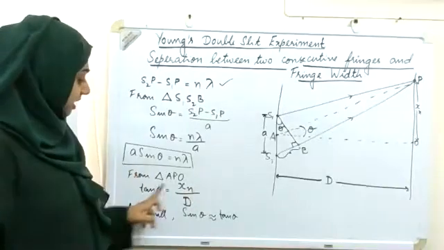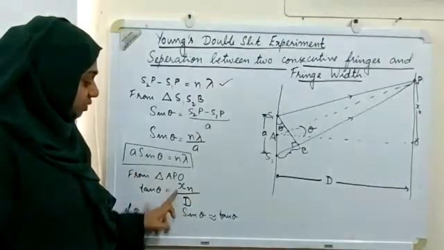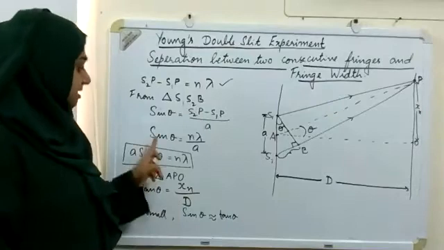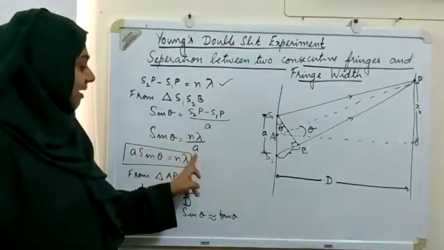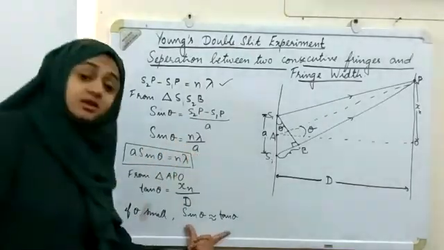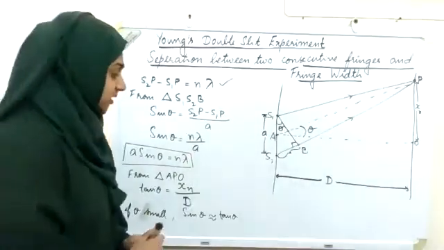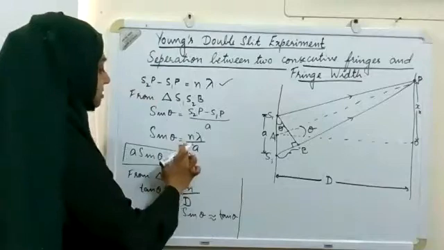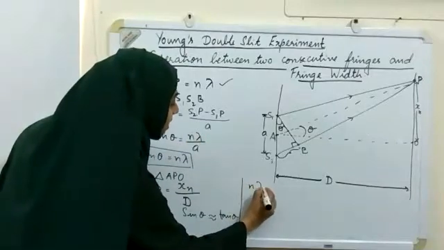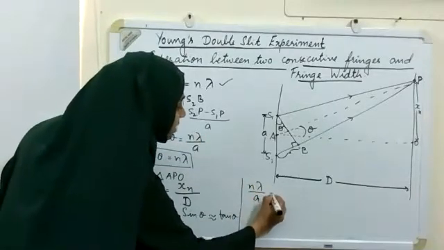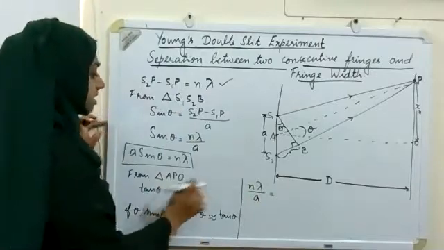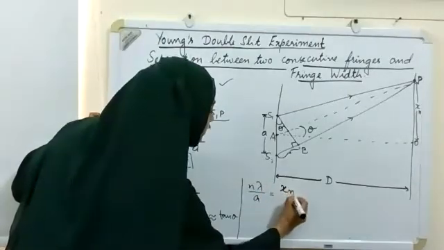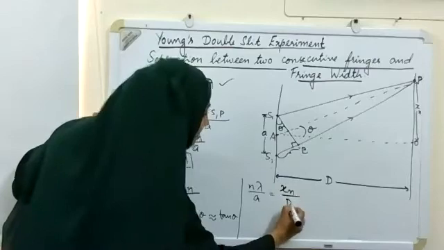We have here tan theta is equal to xn by d and sine theta is equal to n lambda by a. So I am taking this approximation here. Instead of sine theta, n lambda by a is equal to tan theta, xn divided by d.